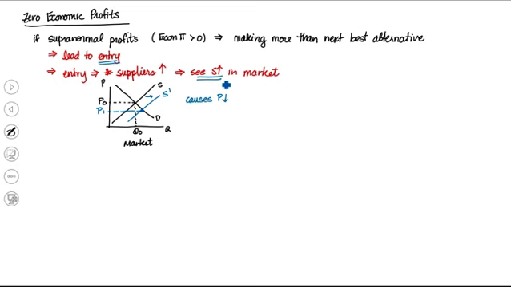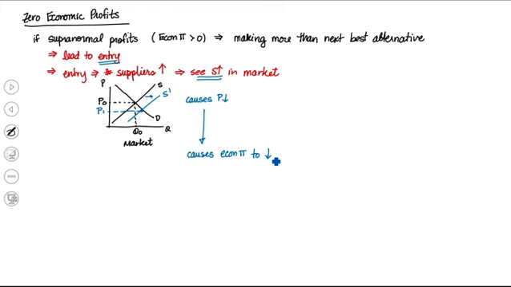Now, what kind of impact is that going to have on economic profits? So you're selling units, but now you're not selling them for as much. What's going to happen to economic profits? Then they're going to start to fall. Exactly. So this causes economic profits to decrease.